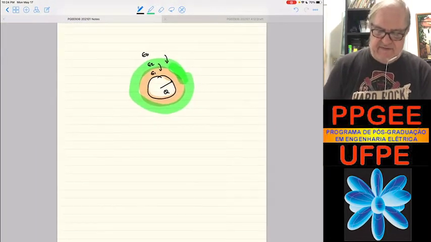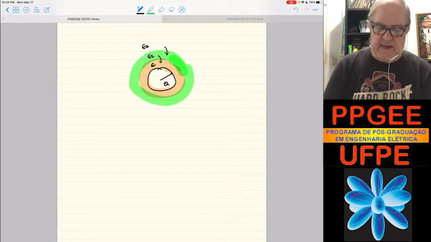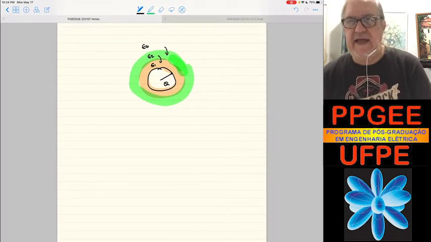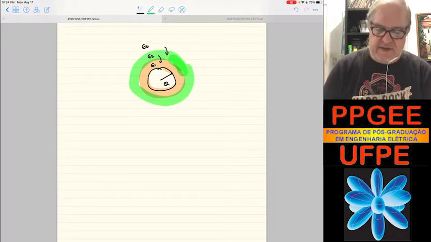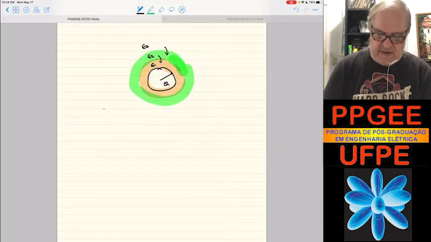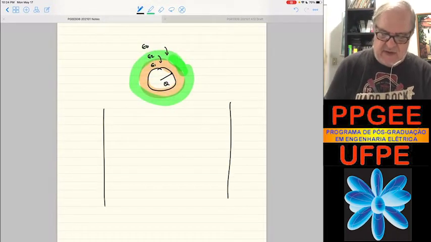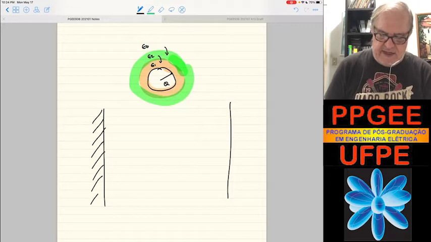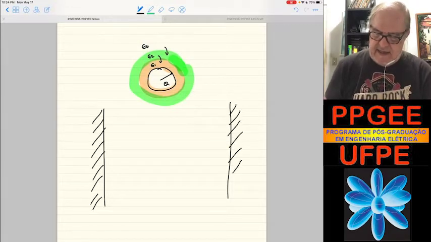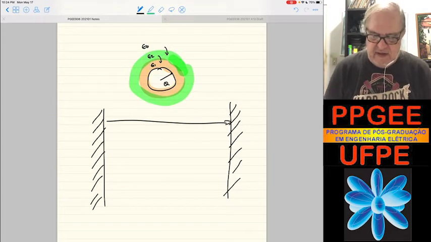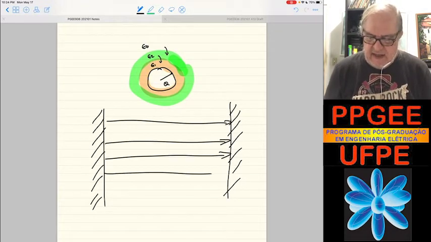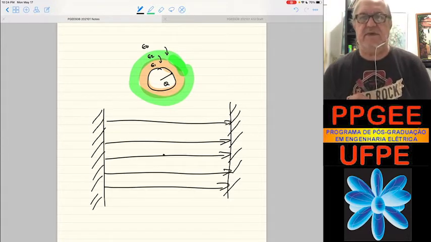Let's say you have a gigantic parallel plate capacitor. Have two electrodes, energize it, and you have a uniform field. Or you can have a small capacitor, and you can consider that you have a uniform field at the center of the capacitor.